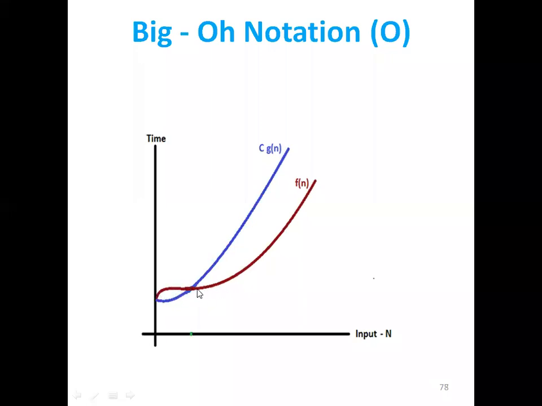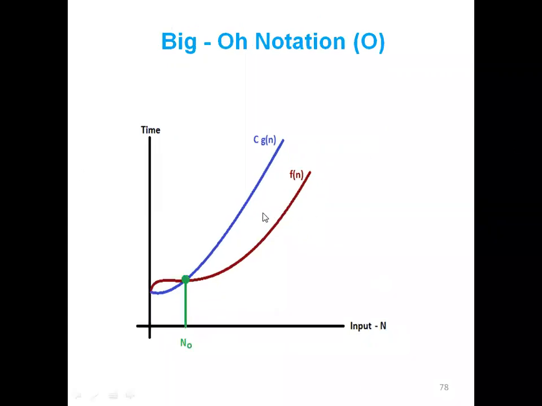The brown color is shown for the expected, whereas the blue color line shows the actual or practical. That blue color indicates that it takes more time for execution, and this is n0 where the equation satisfies, the point at which both equations satisfy.